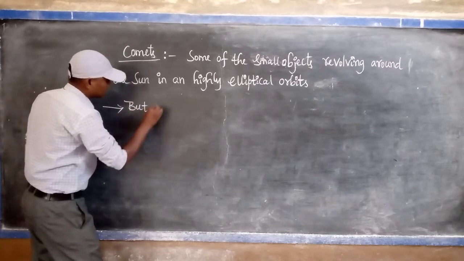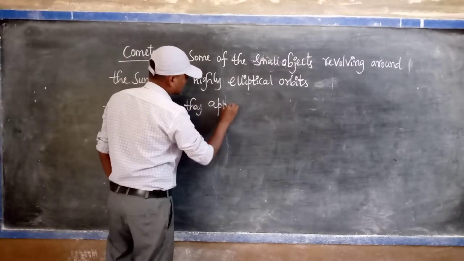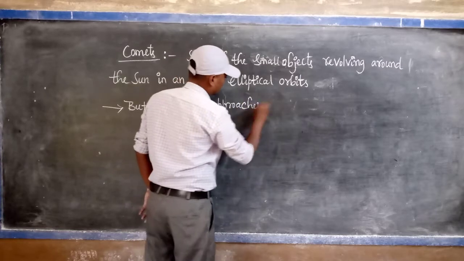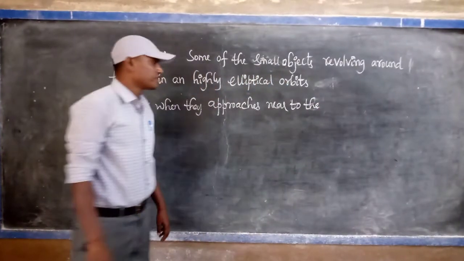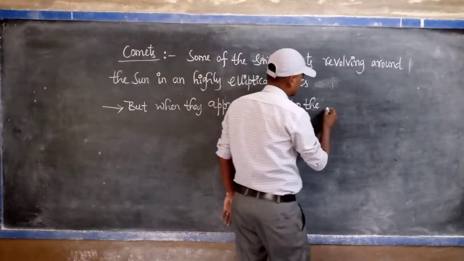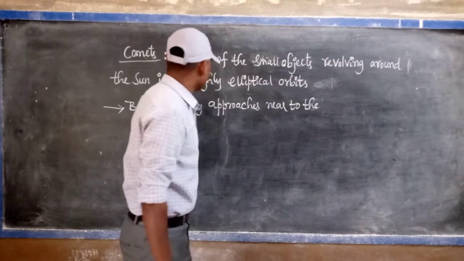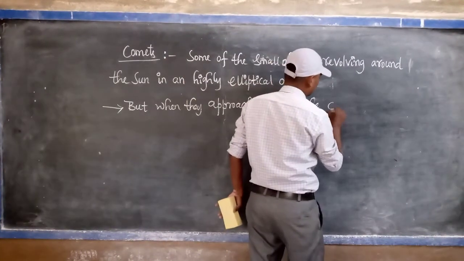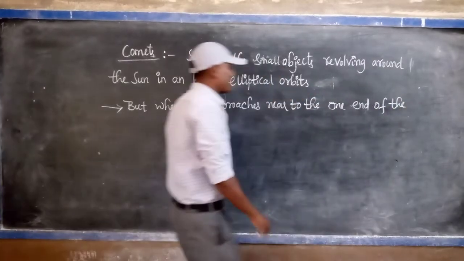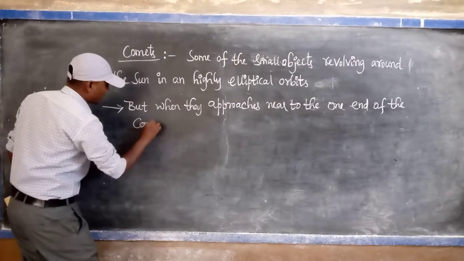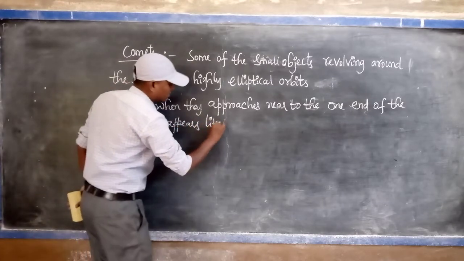But when they approach near to the sun, one end of the comet appears like a tail.